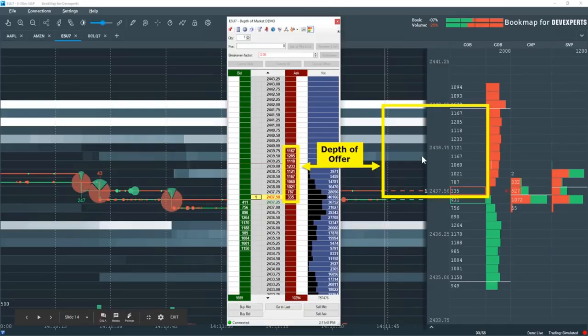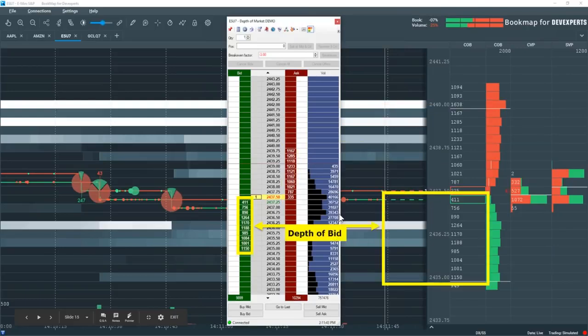I also included the graphical representation of these numeric values. That is the offer in Bookmap. Here's the depth of bid. This is the liquidity in the limit order book in a DOM and then in Bookmap.